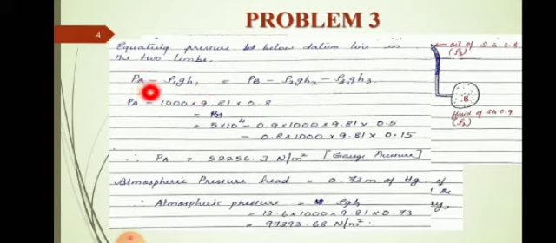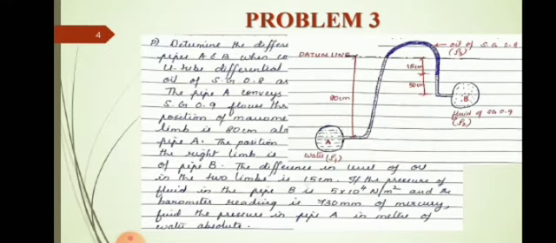So in the left limb, the equation is PA minus rho 1 GH1, which is equal to what all things are there in the right limb below the datum line. So here goes the datum line in the right limb. Below it, what all things are there? Oil of specific gravity for a height of 15 centimeter, then fluid of specific gravity 0.9 for a height of 50 centimeter, and then PB is also there.